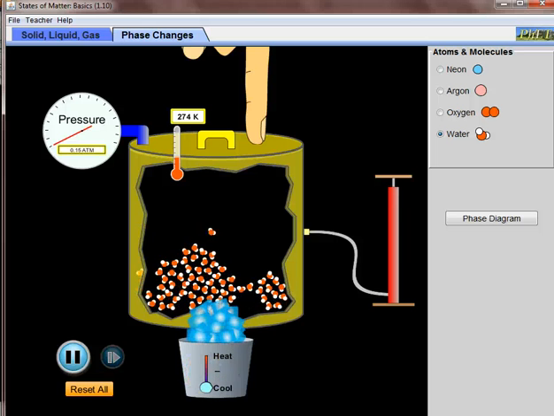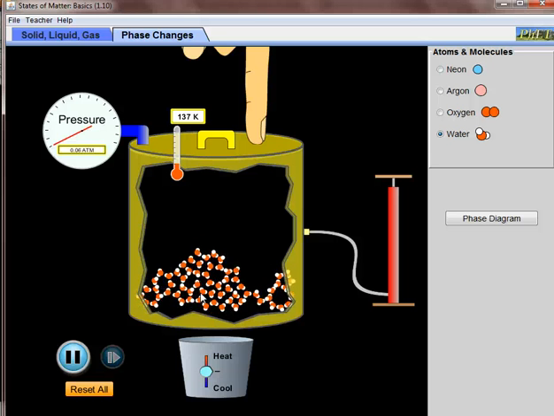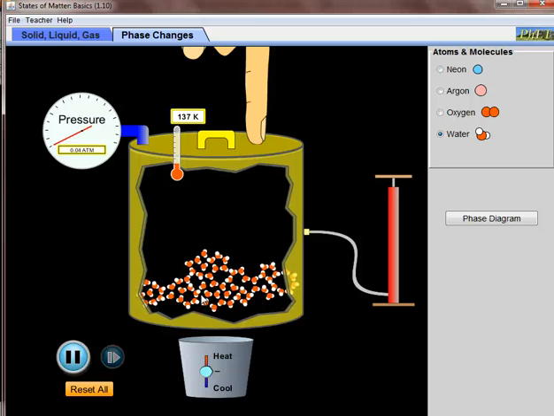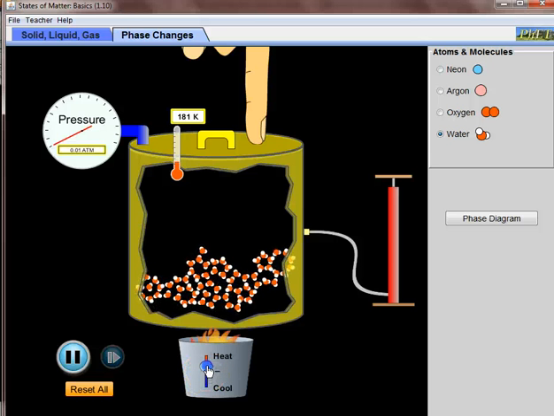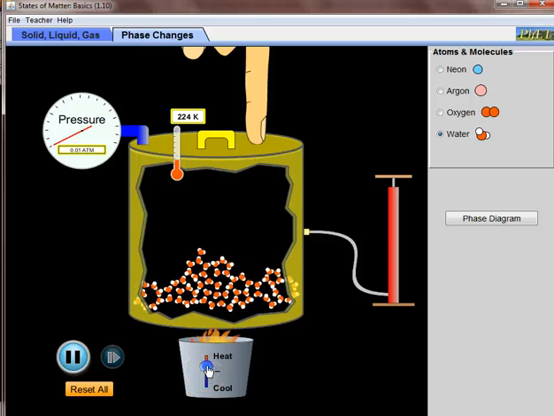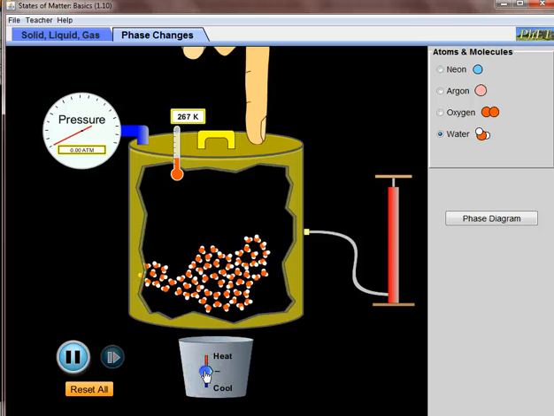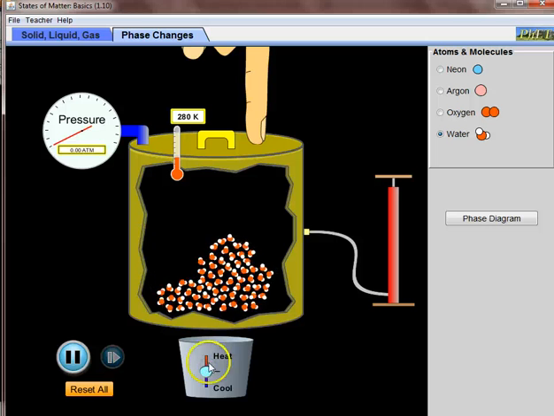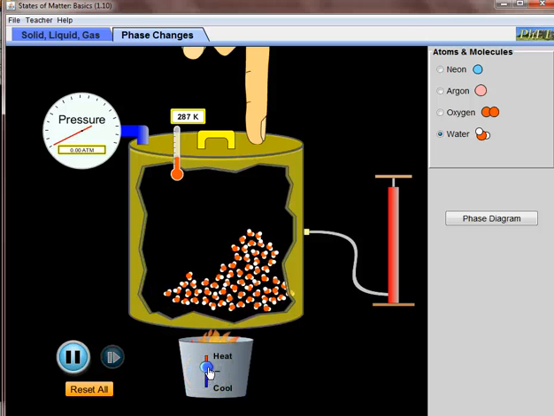In solid state, there is only vibrational motion, correct? Now as you increase the temperature, what happens? Now the vibrational energy has increased, and the particles now also have rotational motion.